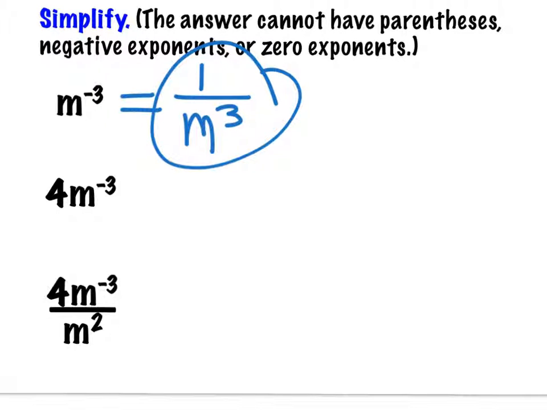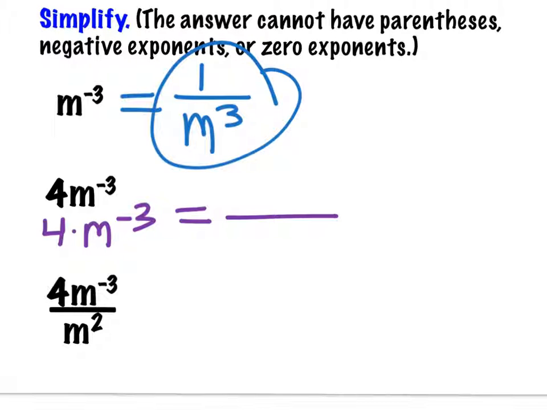If we look at the next one, 4m to the negative 3, it's important to remember that we could rewrite this as 4 times m to the negative 3. And you can really see that that power of negative 3, that exponent, only applies to the m. It does not apply to the 4.